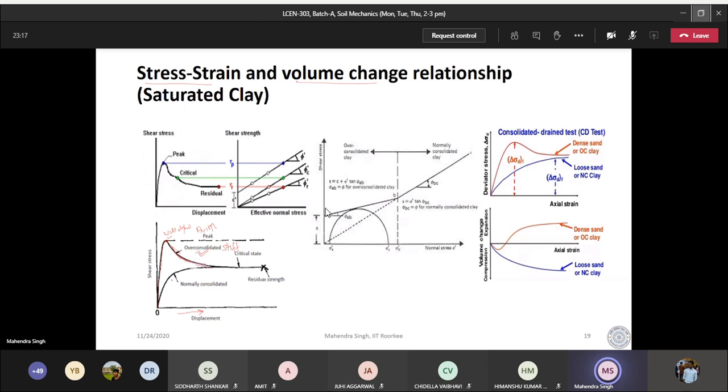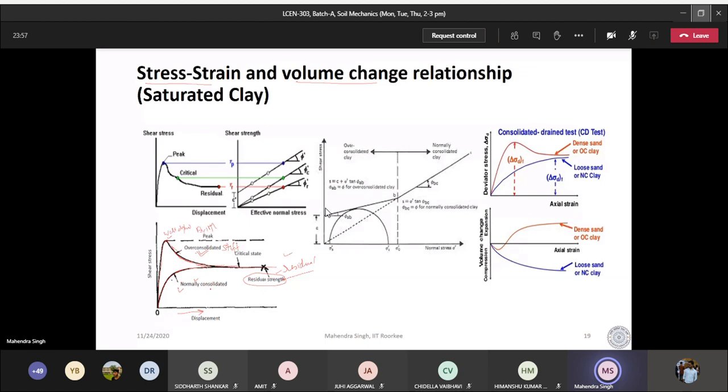And if you keep on shearing it, then it approaches a value which we are going to call residual. Residual means after failure the strength does not become 0; some strength remains. And if you have a normally consolidated soil, it is being loaded for the first time to this stress, so the stress will be gradually increasing, and you don't have a well-defined failure point here.